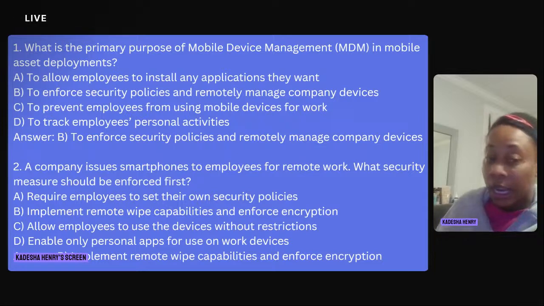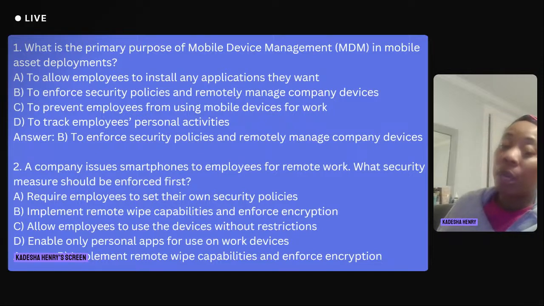So we're not enabling personal apps because we don't want them to download any malware on our system. We've got to put some restriction on them, and they cannot set their own policy because it's not their device. And so the answer here would be to implement remote wipe capability and enforce encryption.